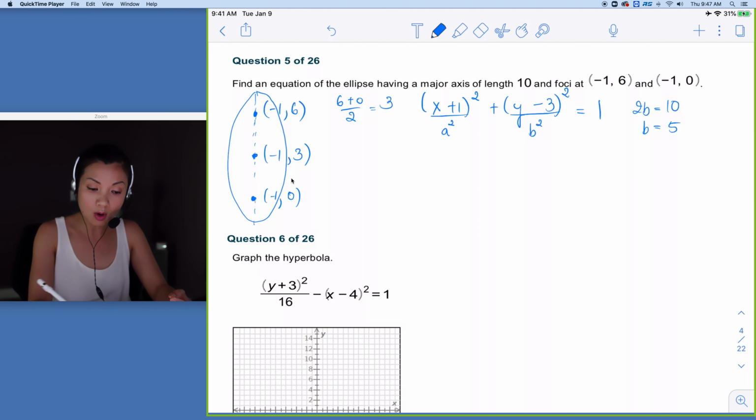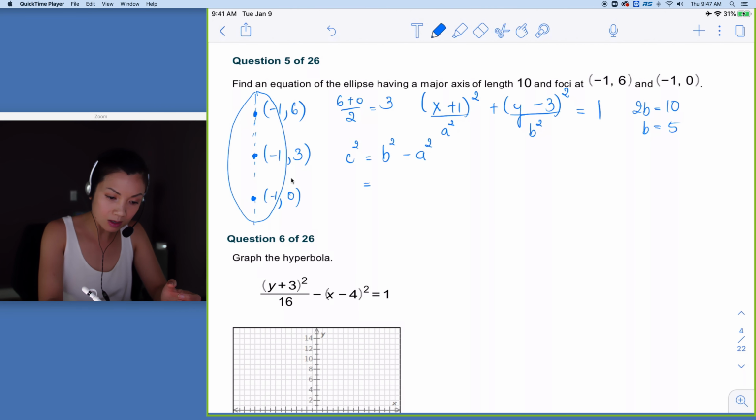But we do know that c squared is going to be the major minus the minor. So c is the focal length of the ellipse. So it's going to be from here to here, from here to here.